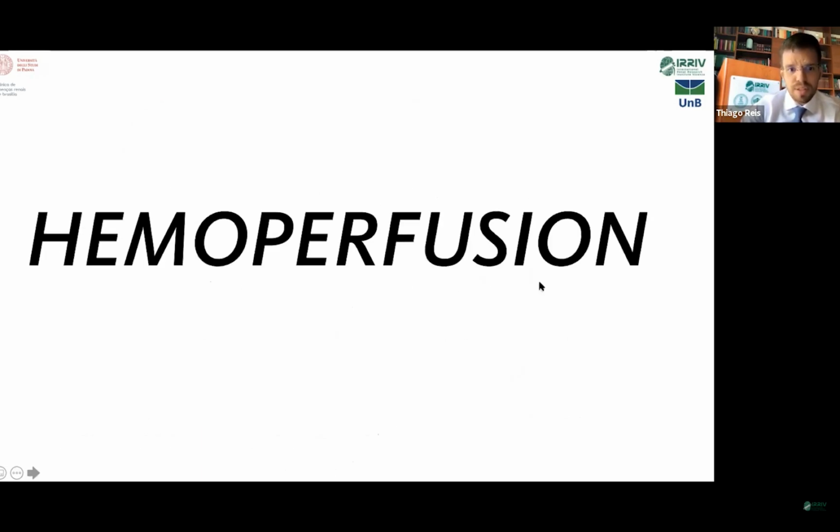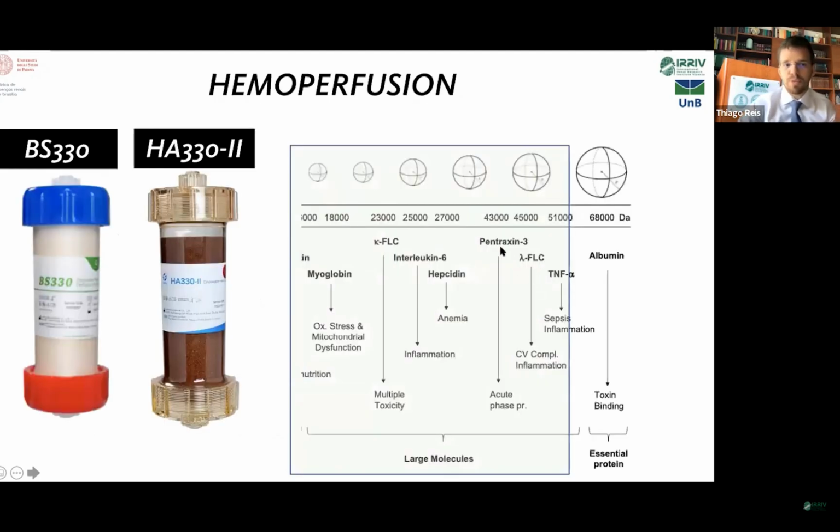About the liver support systems, first with hemoperfusion, we have these two cartridges, BS330 and HA330-II, and they can remove via adsorption molecules in this range of molecular weight.